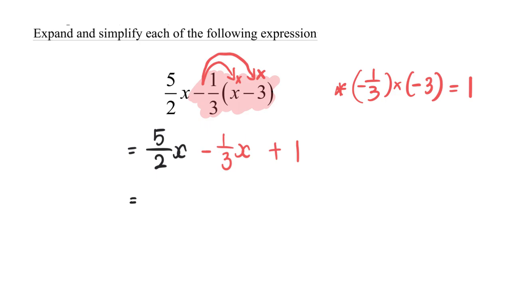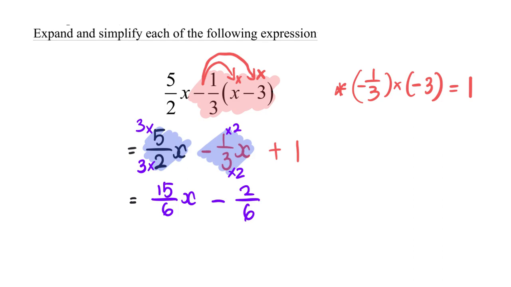And let's continue. And from here you will then see that my like term, x, has a different denominator, and therefore I will need to change them to the same denominator. 15 over 6 x minus 2 over 6x.